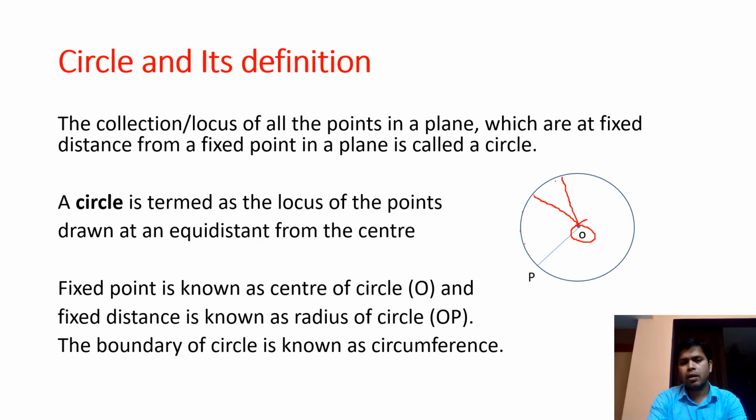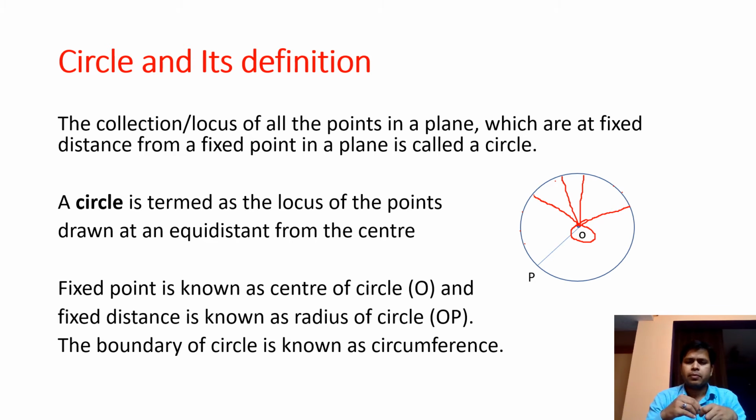So there are infinite numbers of such points which are equidistant from O. We can rotate in this way and we will get a circle. If we take the points and connect the dots, we will have the geometrical figure that is a circle.